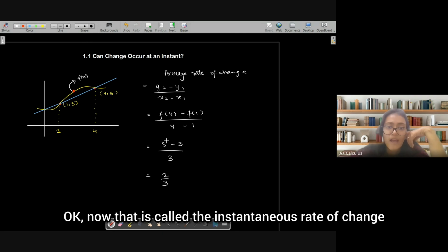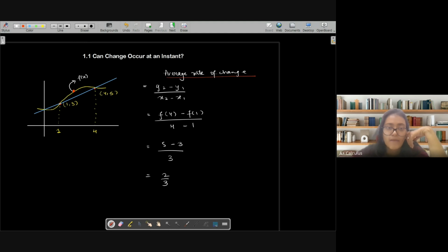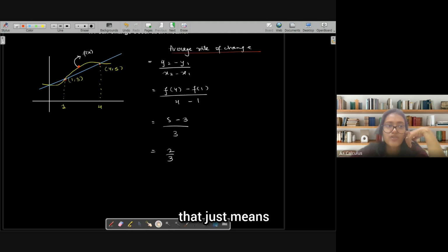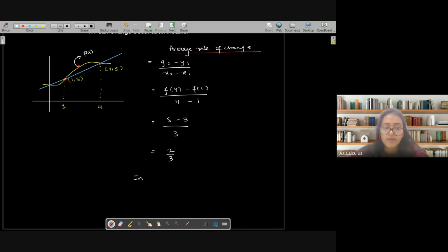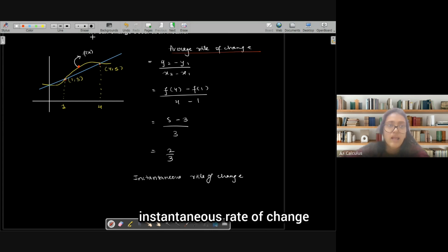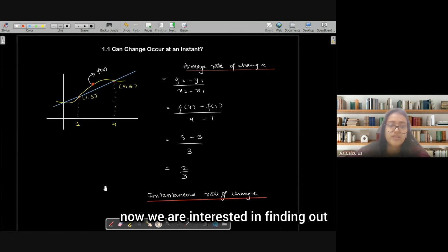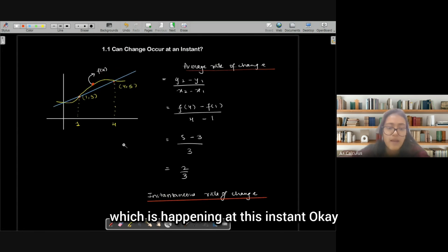That is called the instantaneous rate of change. Instantaneous rate of change just means the change which is happening at an instant.